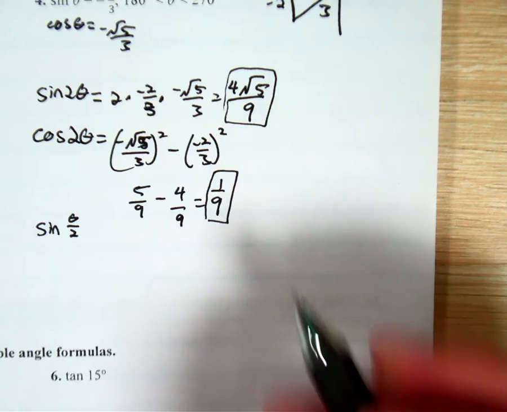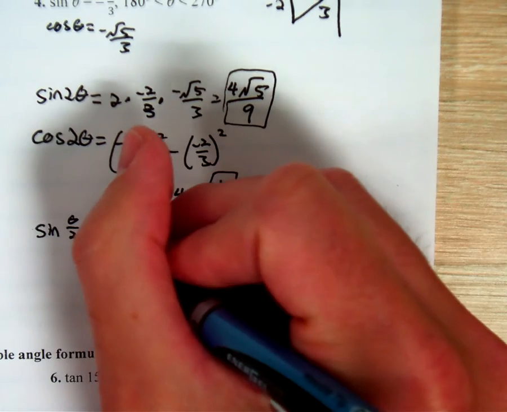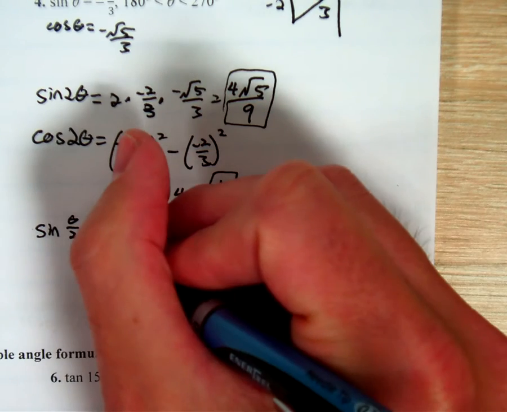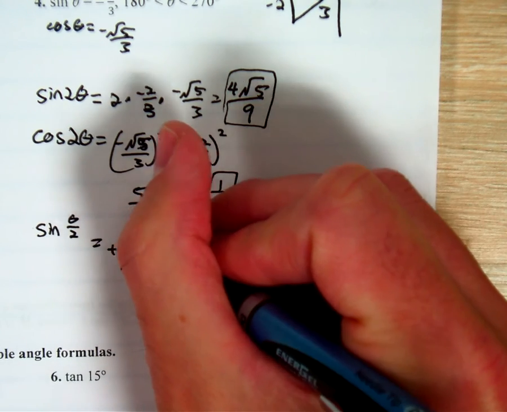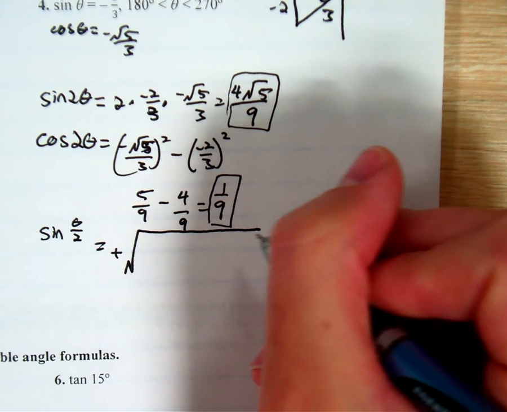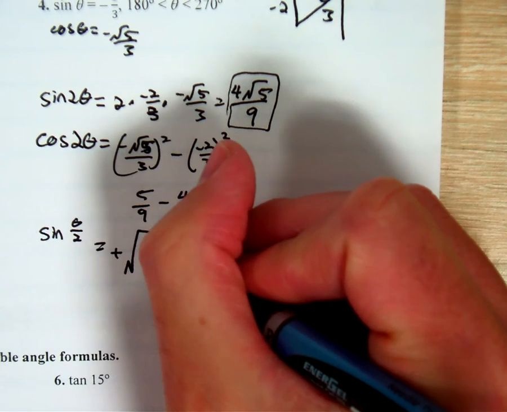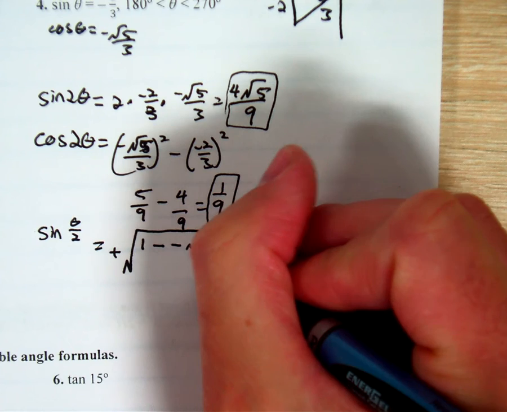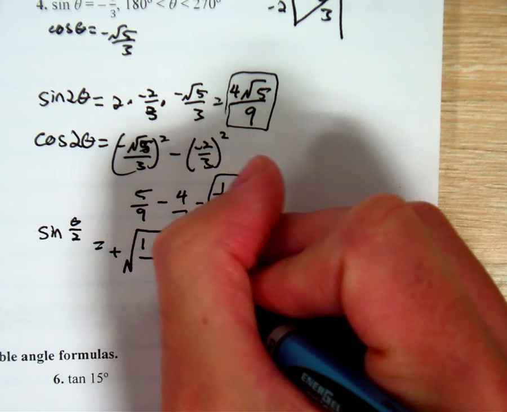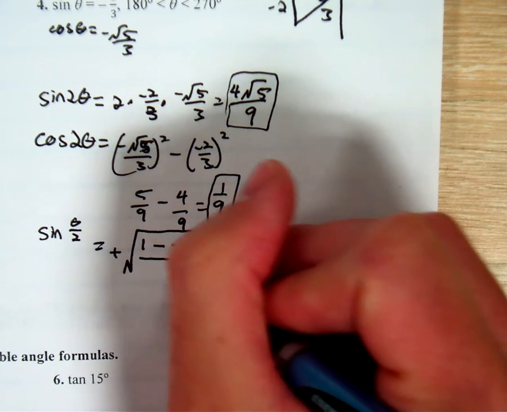Okay, so keep that in mind. So sine is, a little off kilter here, positive, big square root, 1 minus cosine, which is negative radical 5/3 over 2.